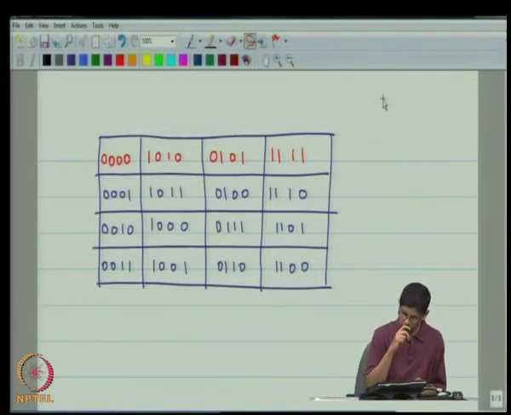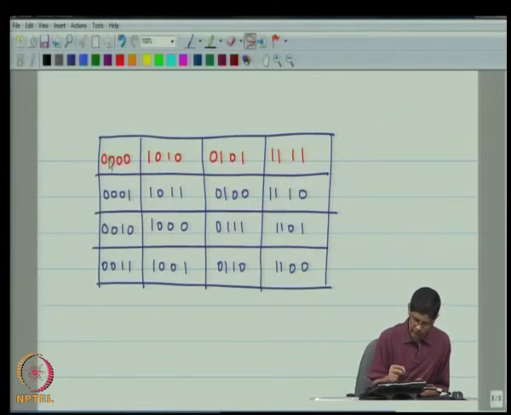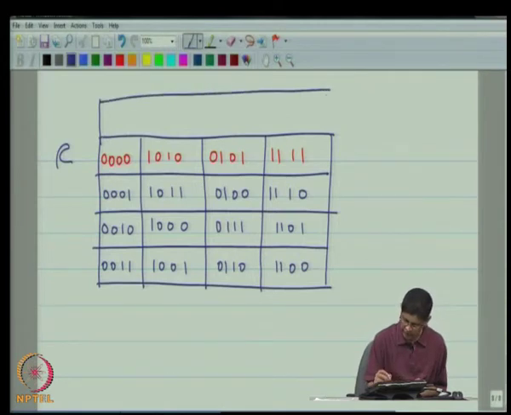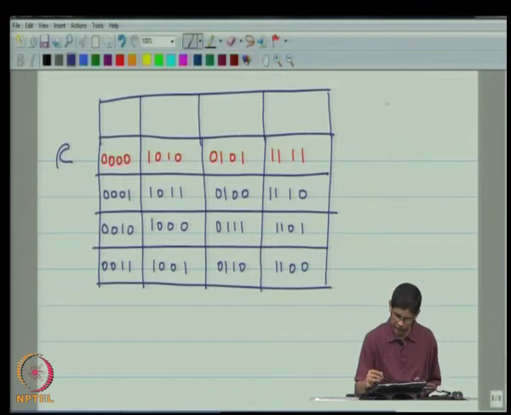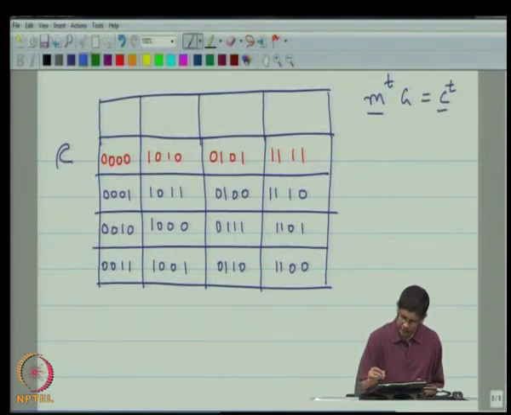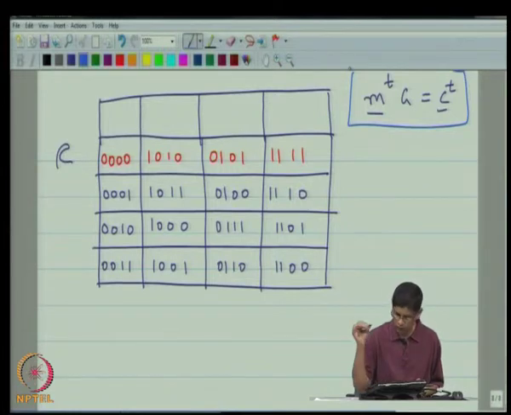Now, recall, these are your codewords in the code. I am going to write down another row on top which contains the underlying message symbols. Now, we agreed that M transpose G is C transpose is the equation that describes how a codeword is generated.